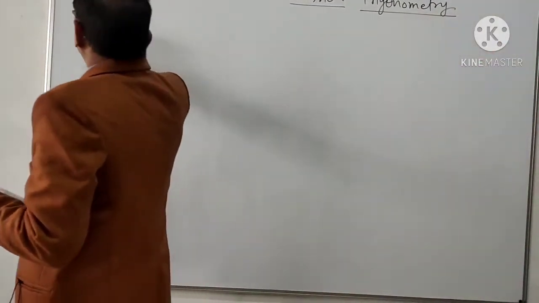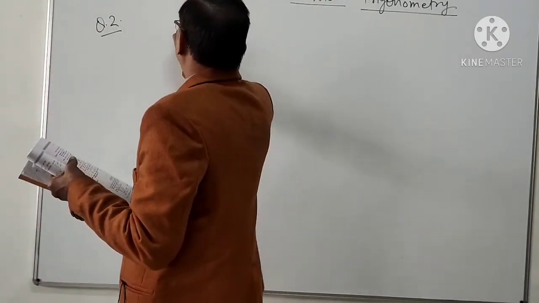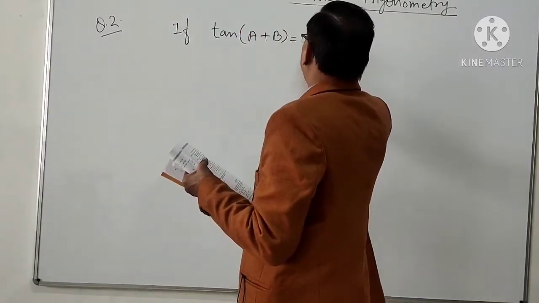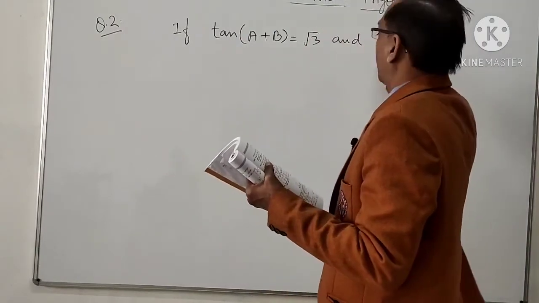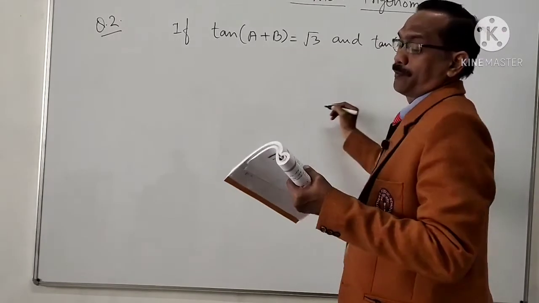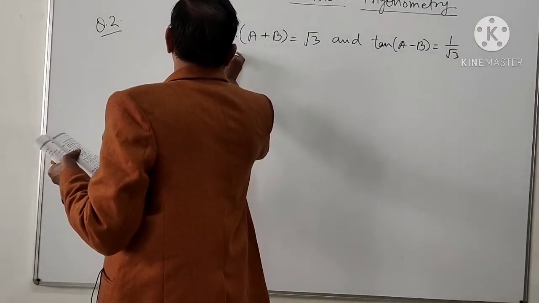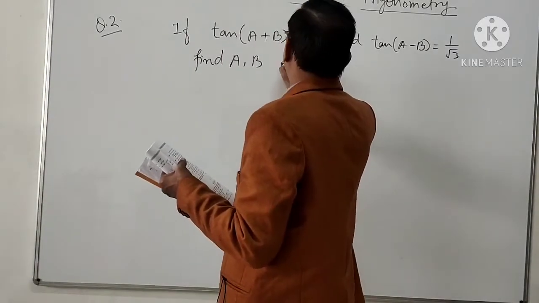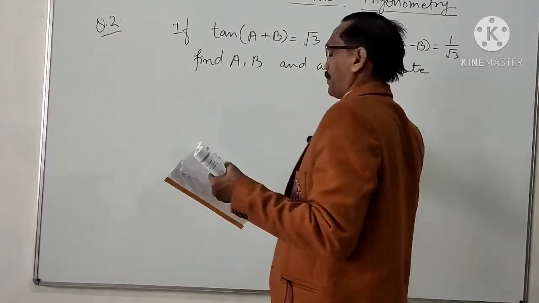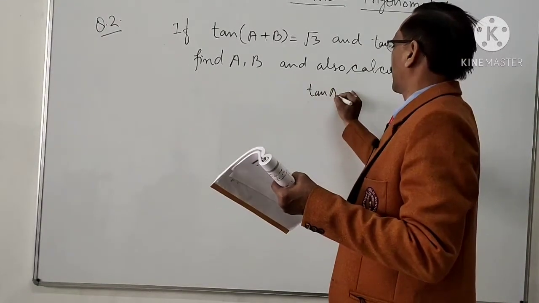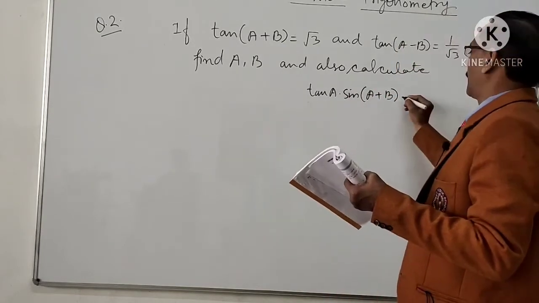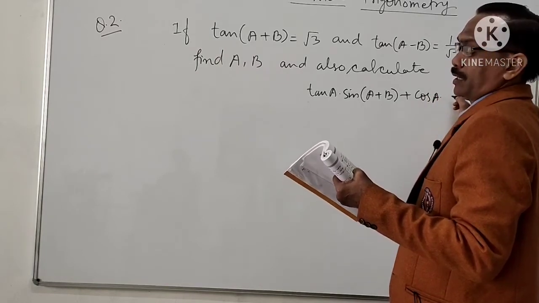Now student, next is again a good question. If tan(A + B) is root 3 and tan(A − B) is 1 upon root 3, find A and B. And also calculate tan A into sin(A + B) plus cos A into tan(A − B).